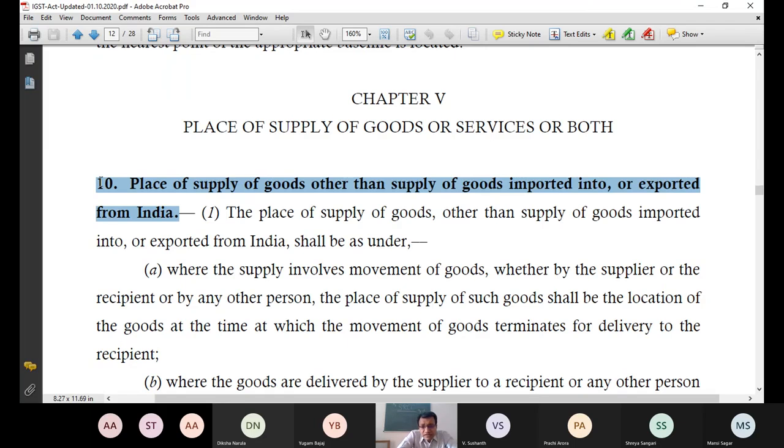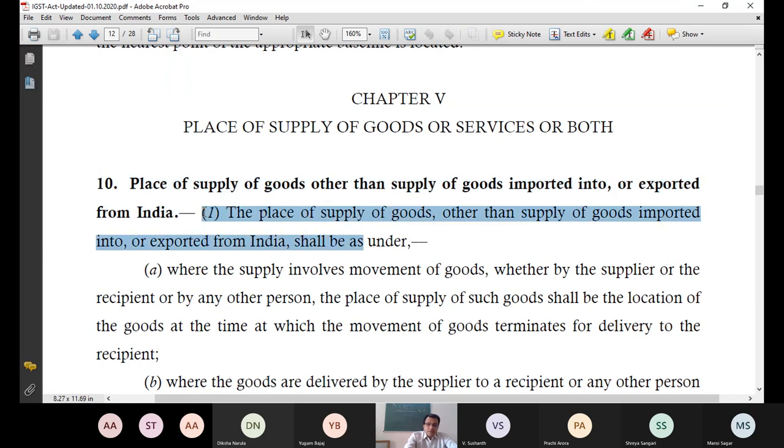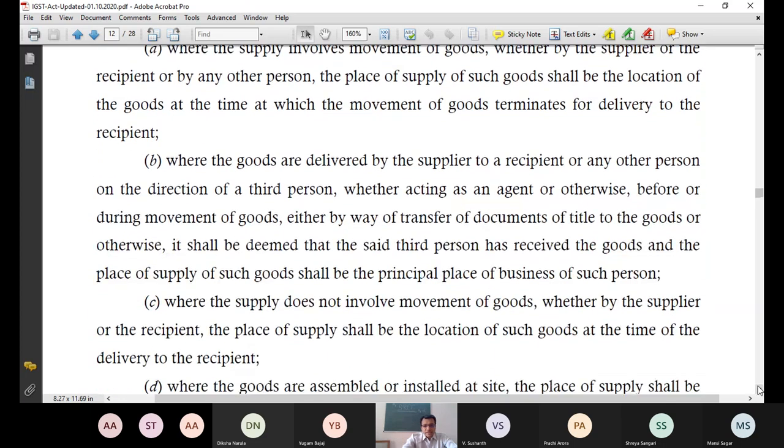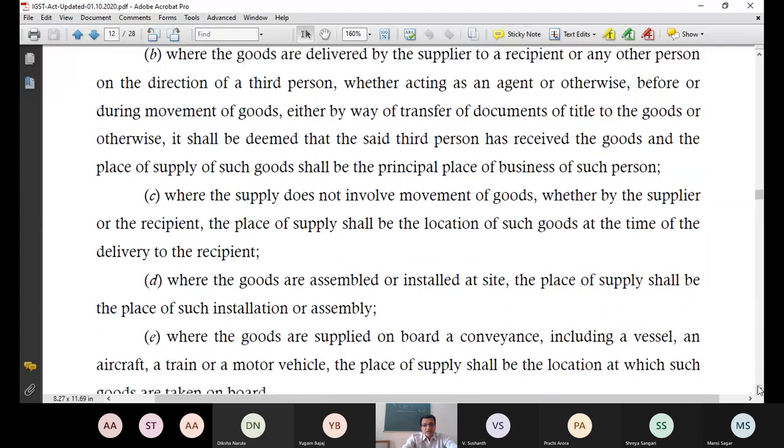Supply of goods other than supply of goods imported into or exported from India. That means Section 10 talks only about domestic supply of goods. International is not covered here. What does subsection 1 say? The place of supply of goods other than the supply of goods imported into or exported from India shall be as under. There are 5 clauses, as you can see: clause A, clause B, clause C, clause D, and clause E.